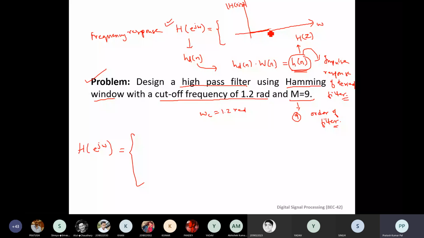At the cutoff frequency it will pass the signal, otherwise it is 0. If this is in the positive direction, similarly it will be in the negative direction too. So we will draw it in the negative direction as well.